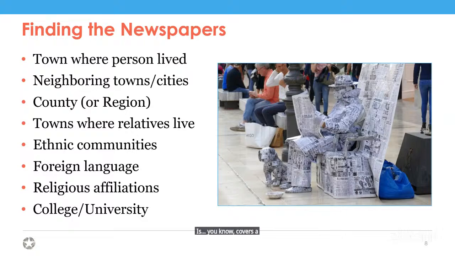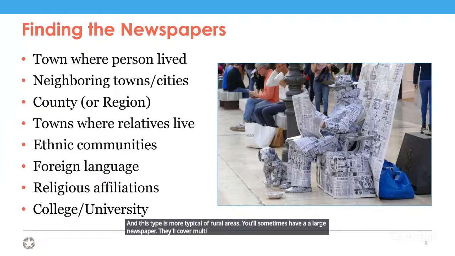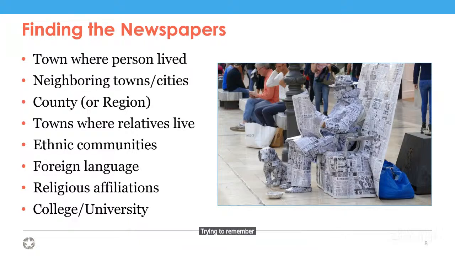But as far as a county or a region, the Dallas Morning News covers a wide range of our area, and this type is more typical of rural areas. You'll sometimes have a large newspaper that will cover multiple counties. Some counties or parishes, if you're from Louisiana, may not have a local newspaper, so you'll have something like the Shreveport Times.